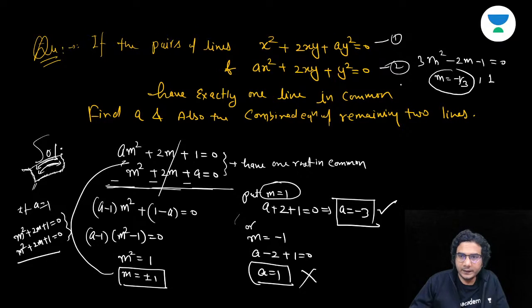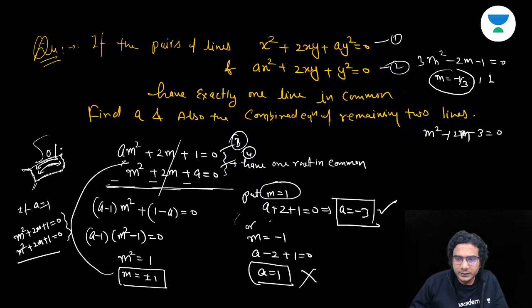Now similarly, we can find the second equation also. That is m square plus 2a minus 3 is equal to 0. Just put a is equal to minus 3 in these two equations, equation number 3 and equation number 4. Now putting the value of a, I have this quadratic, and again one of the roots is 1.